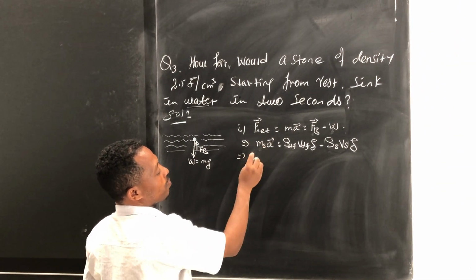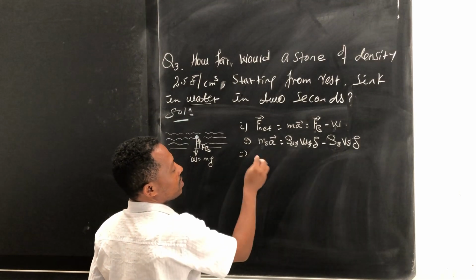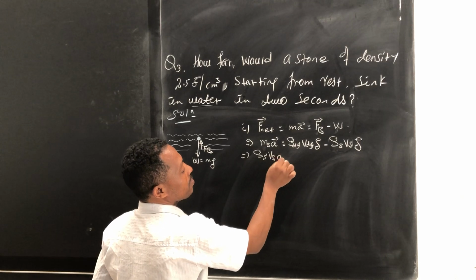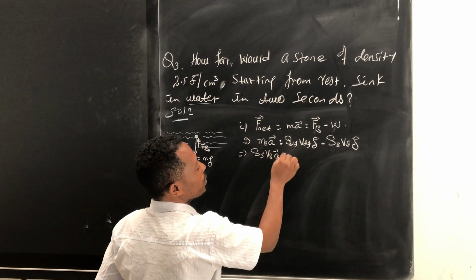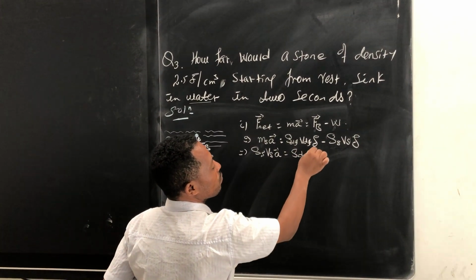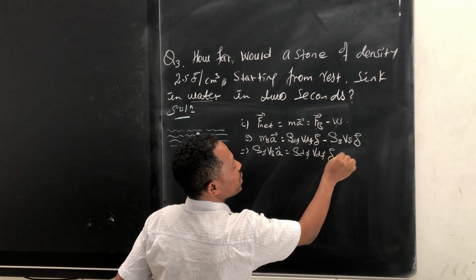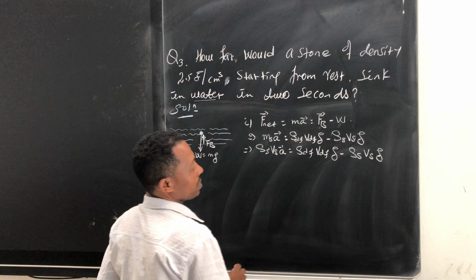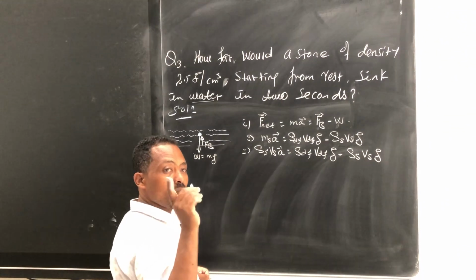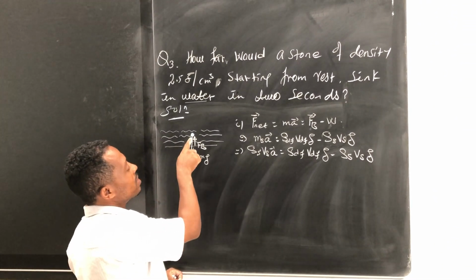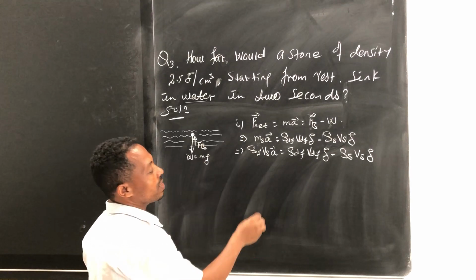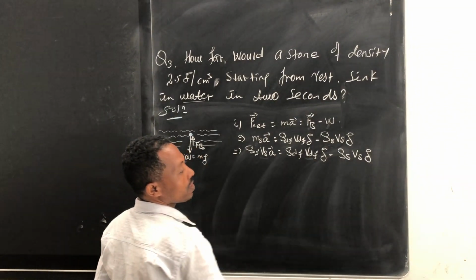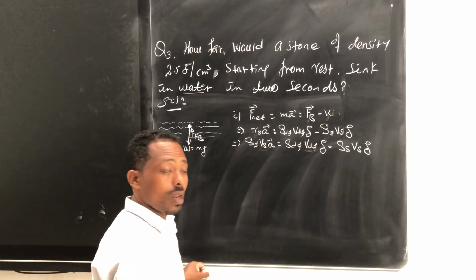The mass of the stone means the density of the stone times the volume of the stone, times acceleration, which is equal to the density of the displaced fluid times the volume of the displaced fluid times g, minus the density of the stone times the volume of the stone times g. And then we said something. Since the stone is submerged completely, the volume of the stone and the volume of the displaced water are equal.